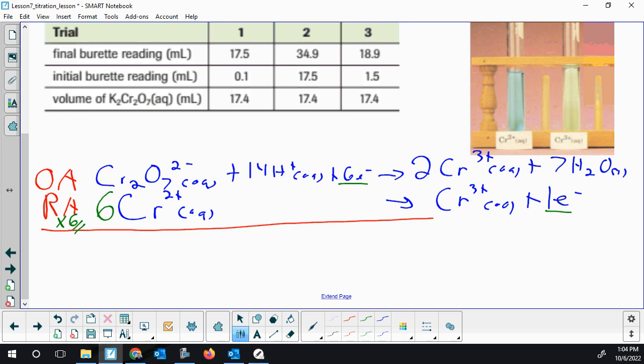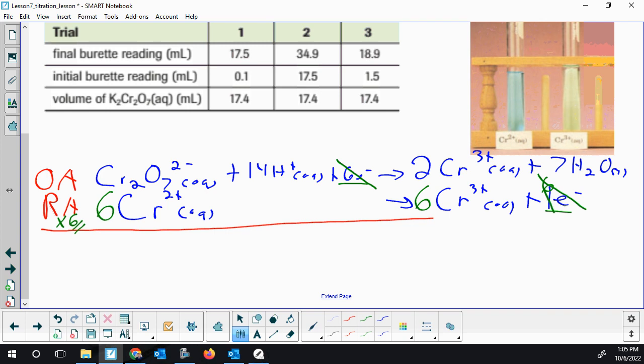So 6 of those will make 6 of those, and instead of 1, there'll be 6 electrons produced. Okay. So these electrons that are produced are the exact same electrons that are consumed. They're not different electrons. They're the same. They have to balance. You can't spit 6 out and take 5 in.